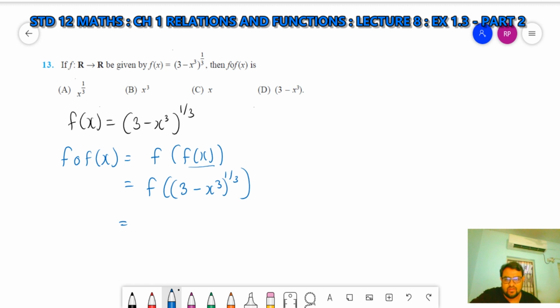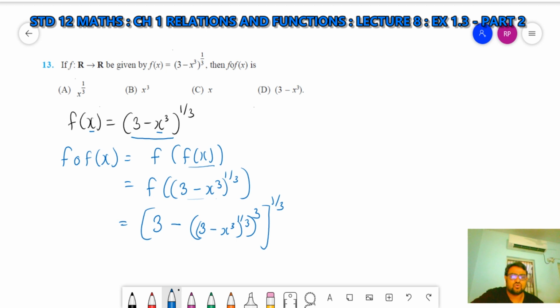Again f, so I will use this function, and at the place of x I will put bracket (3 minus x cube) whole raised to 1 upon 3. Now see, here it was x, I had written x. It's (3 minus x cube) whole raised to 1 by 3.